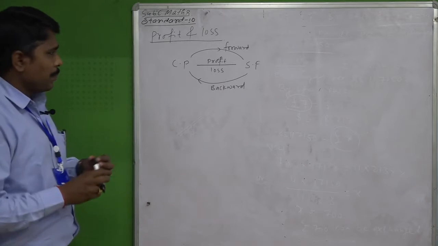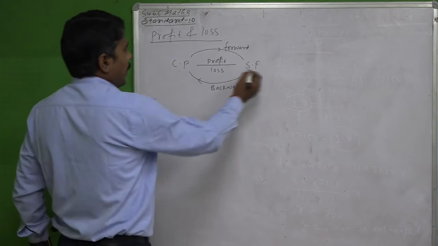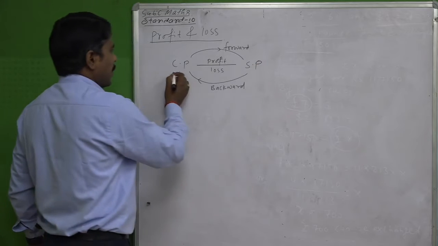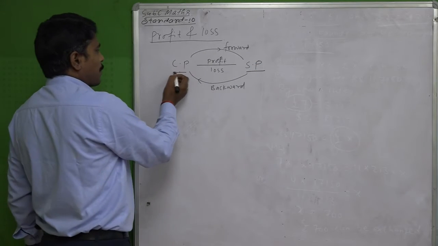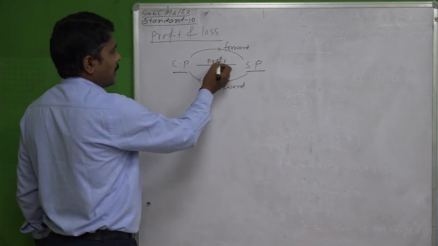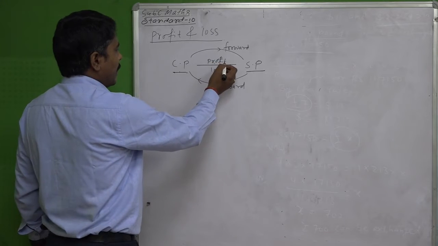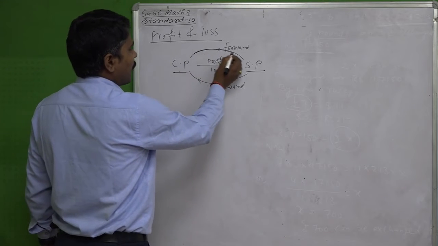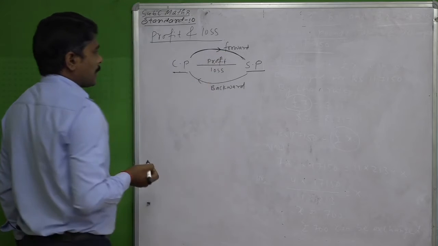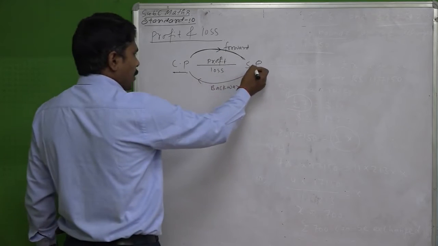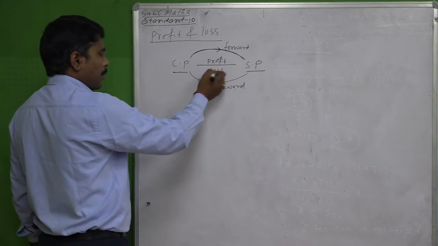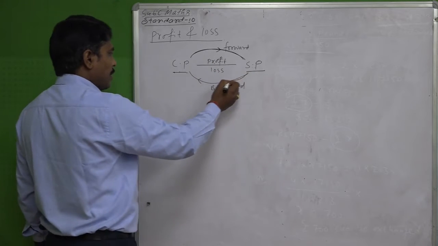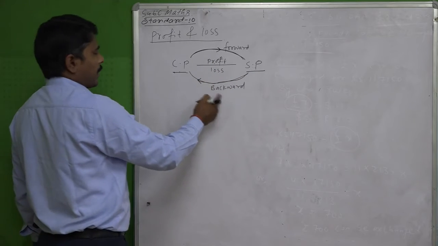CP and SP mean cost price and selling price. If the cost price and profit percent are given, then you use the forward calculation. And if SP is given, and profit or loss is given, then you can use the backward calculation.